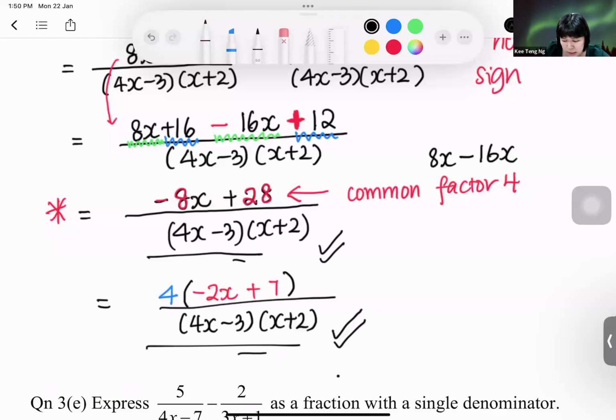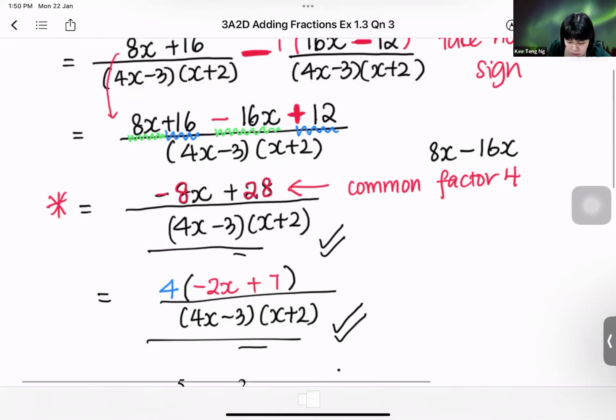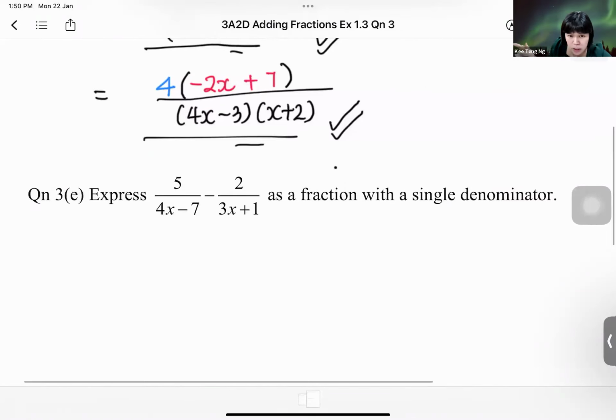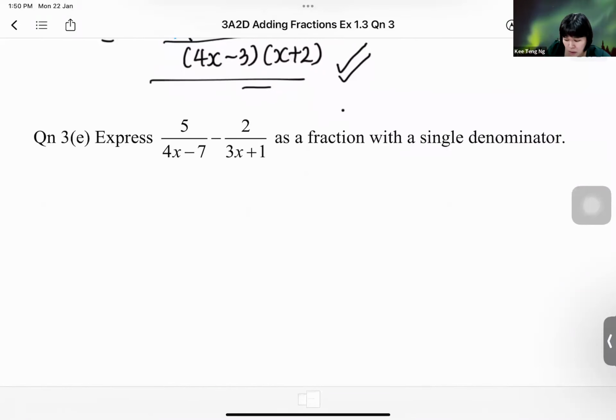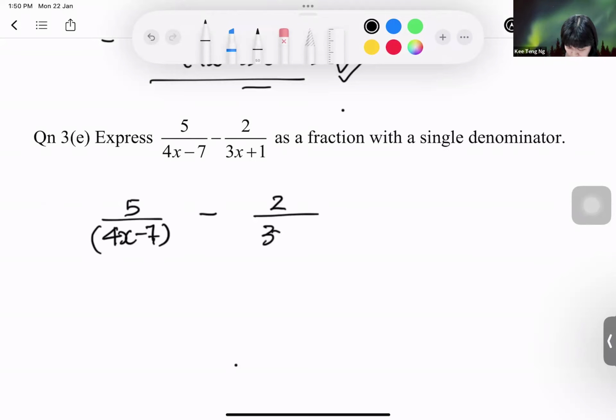Okay, so take note for this question. We'll do one more question before I let you do your practice again. Question number 3E. For question number 3E, again, we notice that this is 5 over 4x minus 7. This is one denominator on its own, totally different from the other denominator.